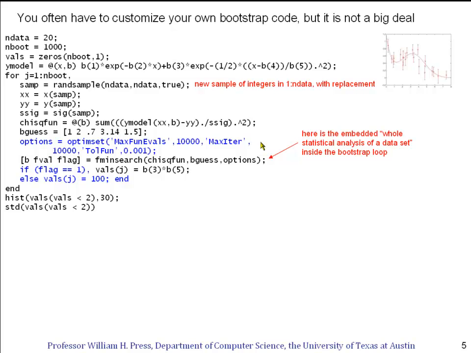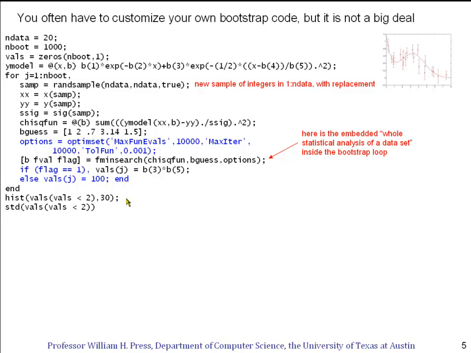So I've had to set up some parameters that apply to the MATLAB function fminsearch. And in particular, it's possible that this will fail and set a flag. If the flag is set for success, I'm going to save that value. And if the flag is set for failure, I'm going to instead save a value of 100, which signals that it was a bad case, and I'm not going to use that in my bootstrap histogram.